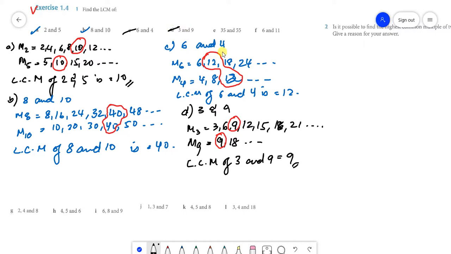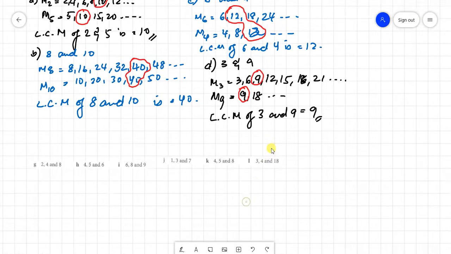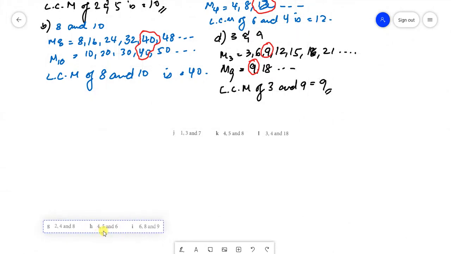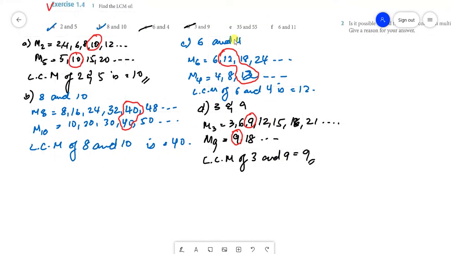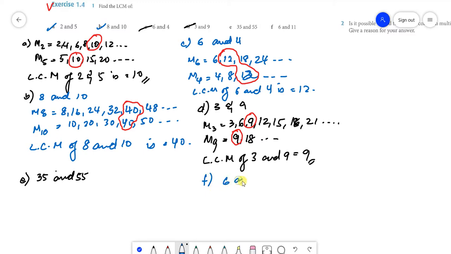Okay, now E and F. Sorry, the space is not enough. Okay, E and F, we have 35 and 55. Let's write the questions first. E, we have 35 and 55, and we have F, which is 6 and 11.